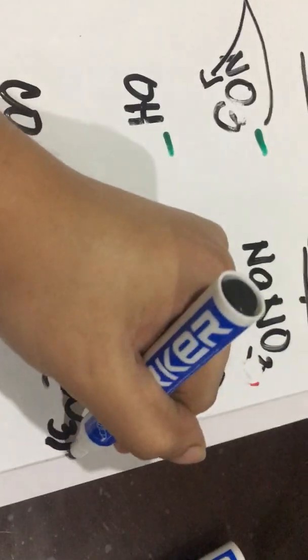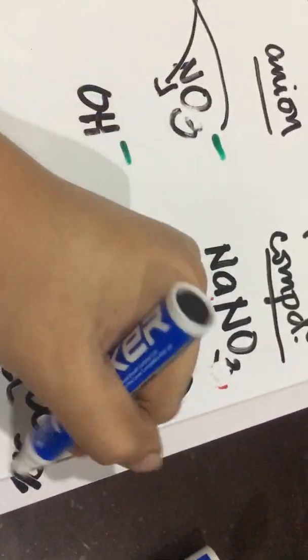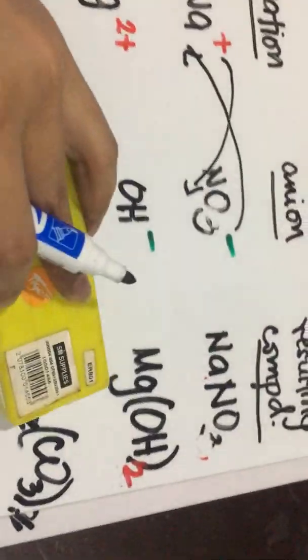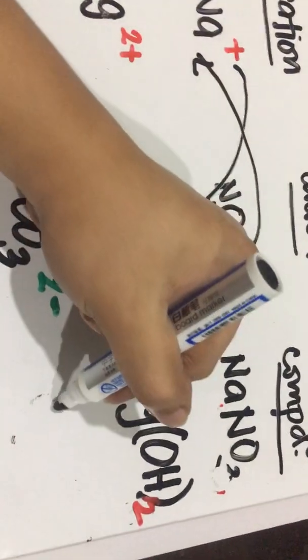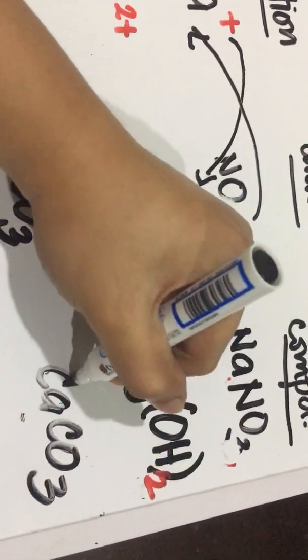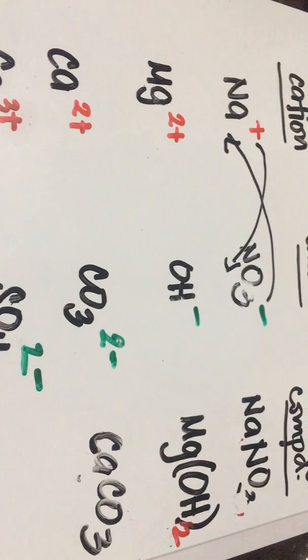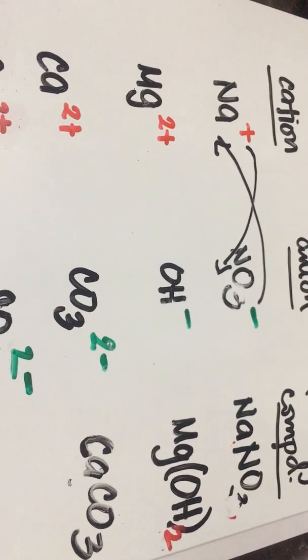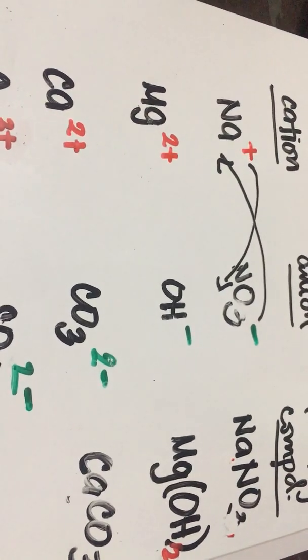So let me write it to be complete. This is 2 supposedly, but we get to cancel them. Alright, such that we will just end up with Ca, CO3. CaCO3. Remember that for ionic compounds, we report them in the smallest whole number ratios.